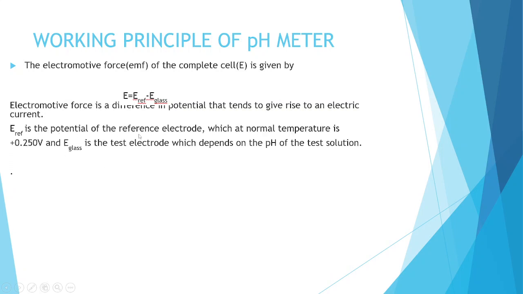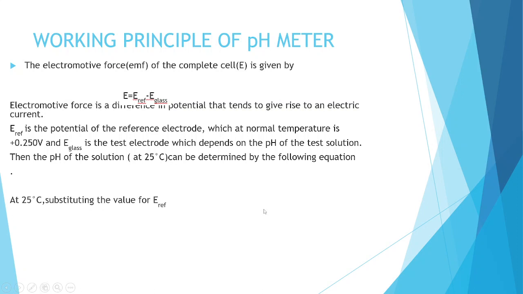E reference is the potential of reference electrode, which at normal temperature is plus 0.250 volts, and E of glass is the test electrode, which depends on the pH of the test solution.